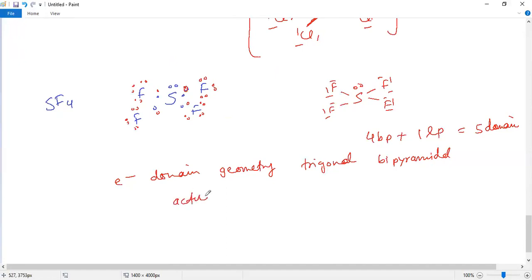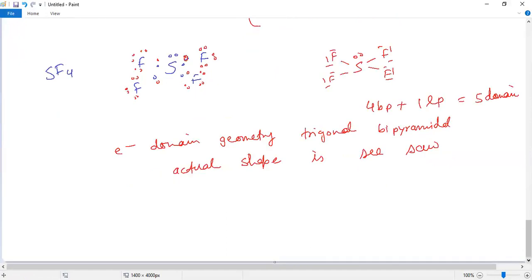The actual shape is called seesaw. Let's see the structure. This is sulfur. This is 1, 2, 3, 4. These are the 4 fluorine atoms. And this is the lone pair. The shape is called seesaw shape.